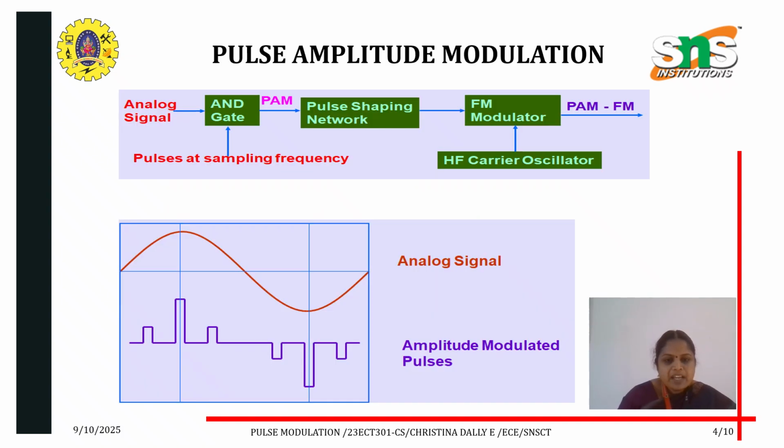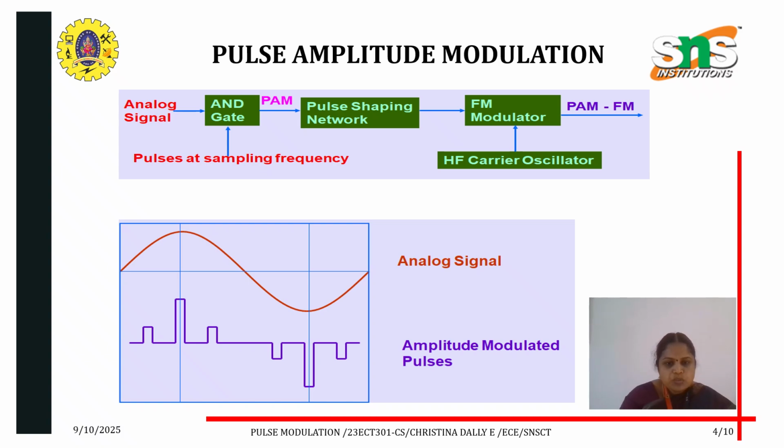This is the block diagram of pulse amplitude modulation. Here we are applying the analog signal as the input to the gate. The gate is driven by a digital signal; we are applying the pulses at the sampling frequency. Both are given as input to the AND gate, and the output will be in the form of pulse amplitude modulation.